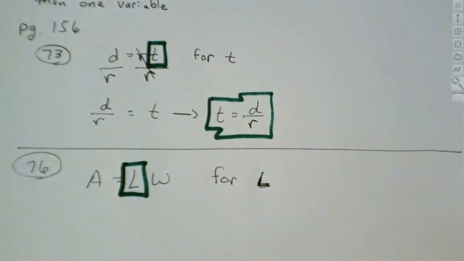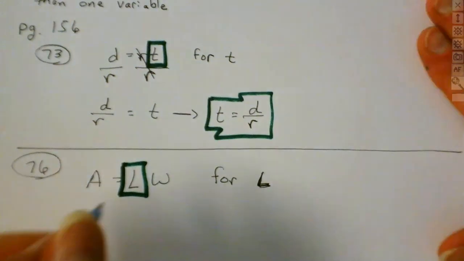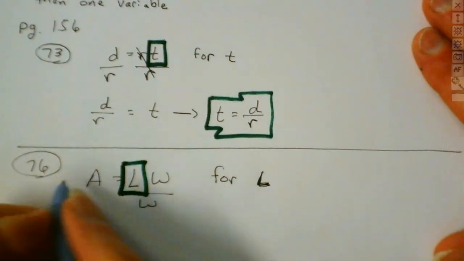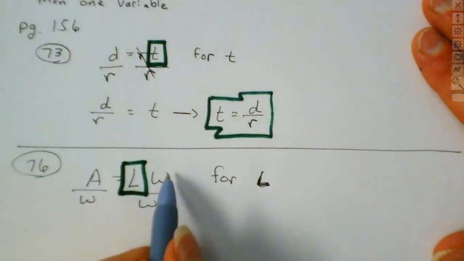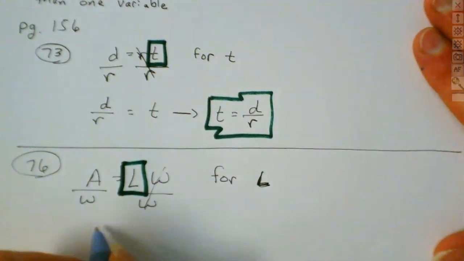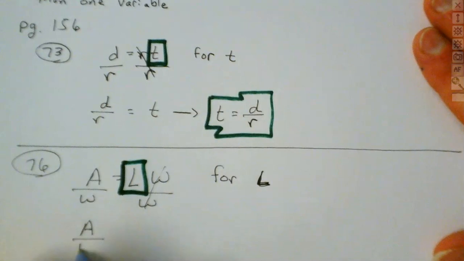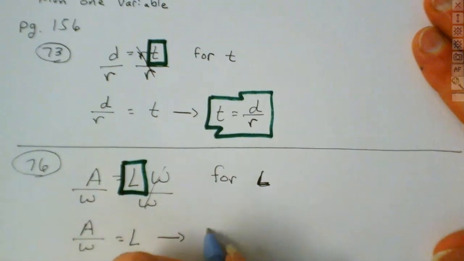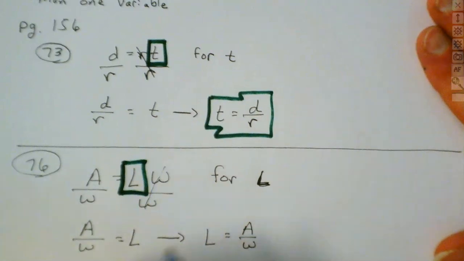Now, what is attached to that L? The W. How is that W attached to the L? Multiplication. So how do I get rid of the W if it's attached by multiplication? Division. So I'm going to divide both sides by W. And then those W's can cancel. And now I've got A over W equals L. I like to write it so that I get the variable by itself on the left. So now L equals A over W.